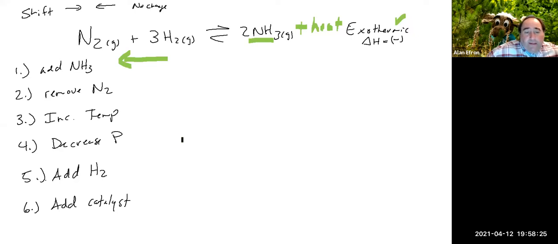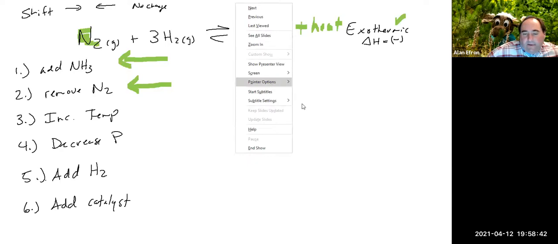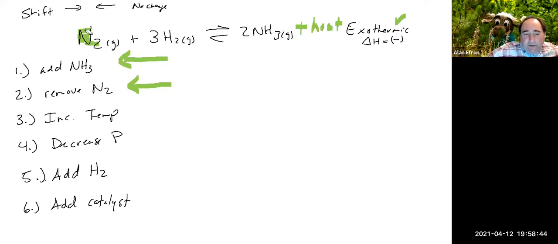We're then going to remove N2. So N2 is a reactant. When we remove something, it goes towards the side we removed it from. Also going to cause this equilibrium to shift to the left. Now we're going to be increasing the temperature in this case.